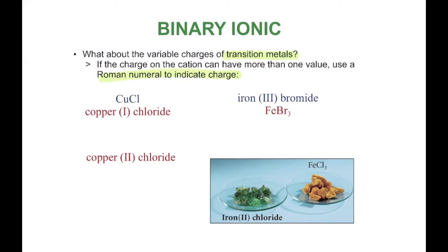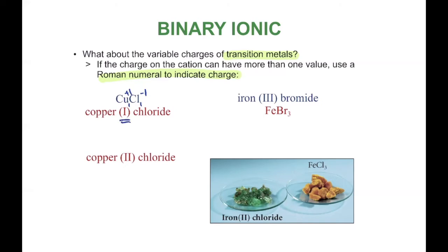So the first one we're going to do is copper chloride. Chlorine is in group 7, so that's going to have a -1. And so that dictates the charge that the copper has to have if they are at a 1-to-1 ratio. If chlorine is -1, then copper also has to be +1. And so we're going to call that copper(I) chloride.